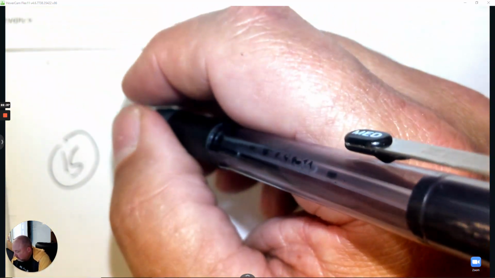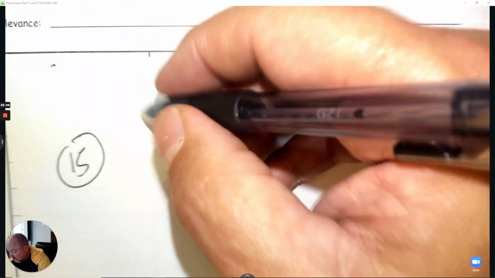All right, number 15. So let f of x be a function whose Taylor series converges for all x.